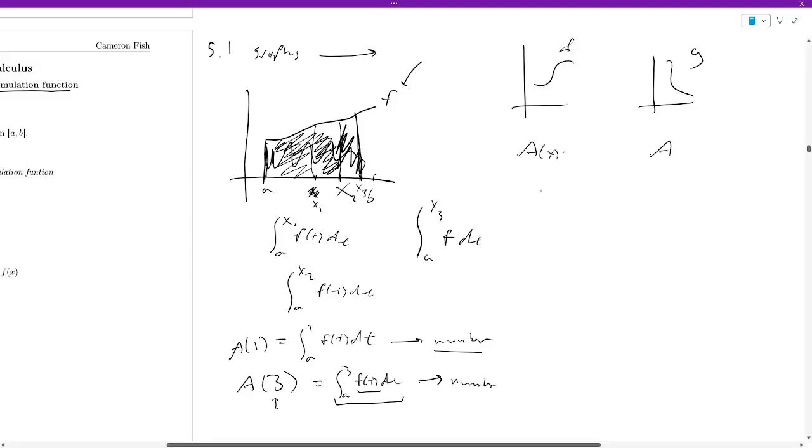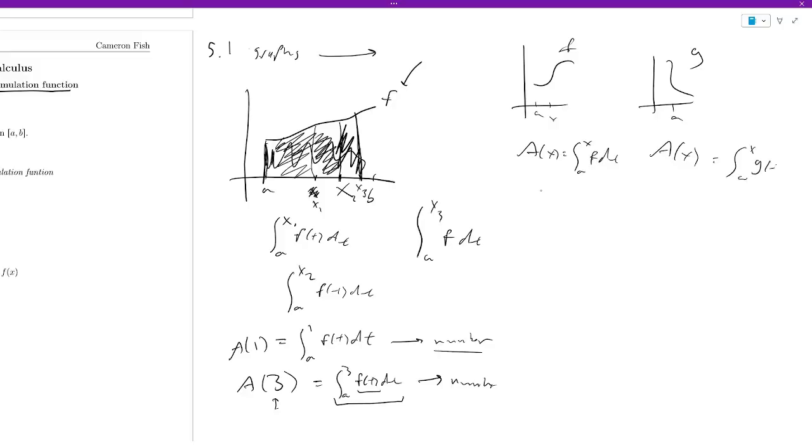So A of x for over here would be integrate f from the beginning up to x. And the accumulation function on the right hand side would be integrate g from some point up to x. So I integrate g instead. So the inside is this g function.